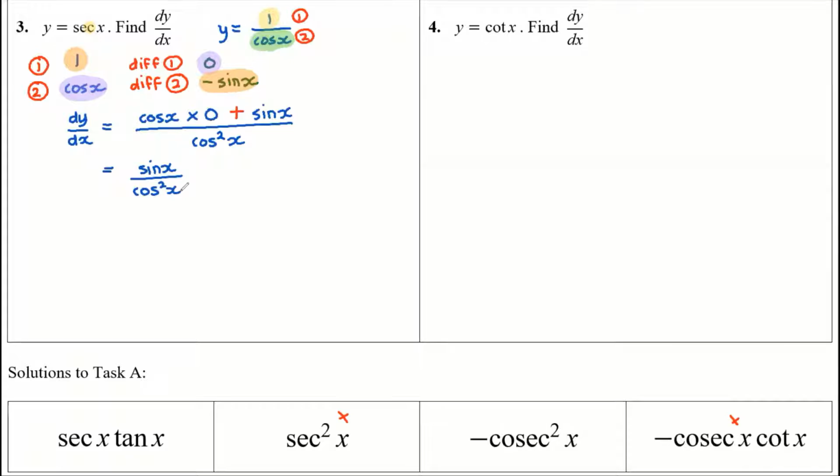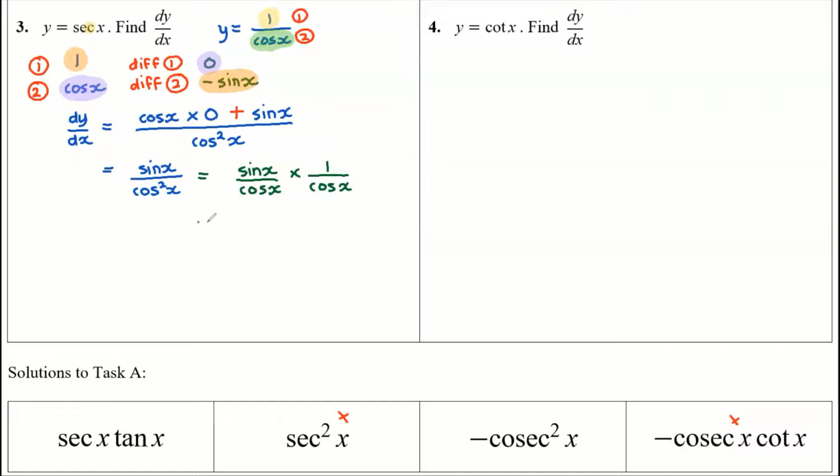So the question is, which of these other two options have we got? A good thing to do, like I did in the previous example, let's split this up a little bit. I know it's going to be sine x, and I've got a cos x as well in the denominator, so that looks like tan to me. Then if I multiply that by 1 over cos x, which accounts for the cos squared in the denominator, we've got tan x multiplied by 1 over cos x, which is, of course, sec.